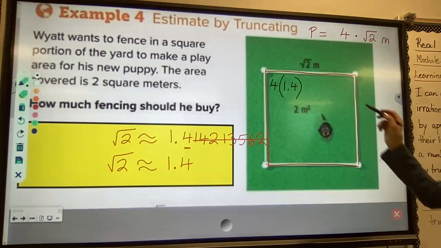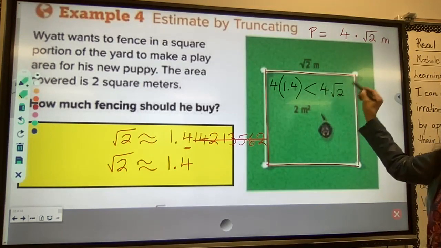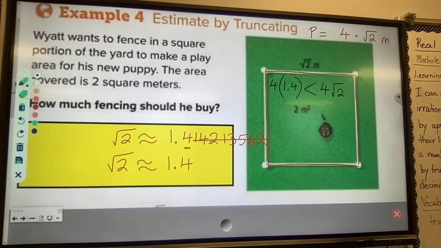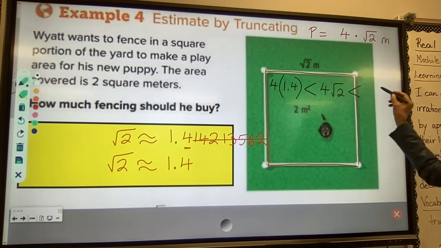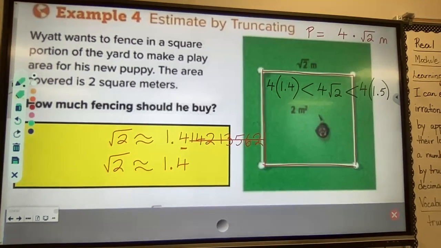This is less than 4 times square root 2, right? Because we had truncated it, which is less than 4 times 1 and 5/10. So it's going to be between these numbers.